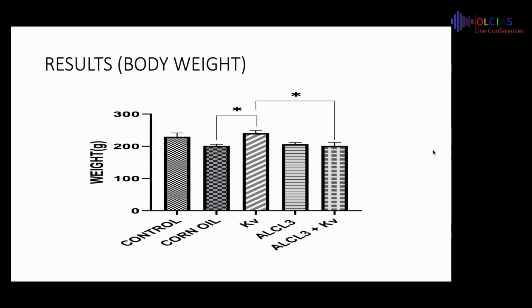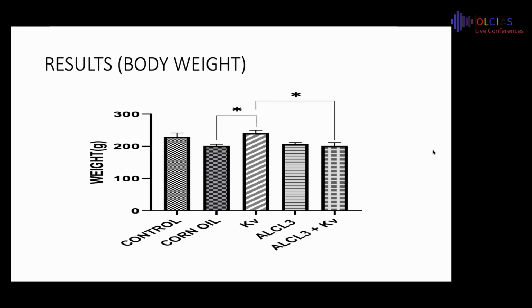Yes. After we carried out the methodology, we got some results. As I said, we weighed the animals during the acclimatization, so these are the results we got. It was reported from previous studies and those who have carried out research that aluminum chloride has the ability to lead to a decrease in body weight.